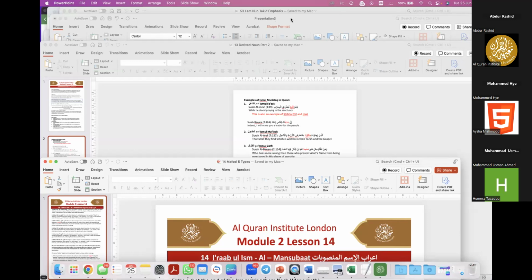Tell us about maf'ul lahu. How shall we identify it within a sentence? And what would that mean or indicate, if you can? Sure. So this is usually lahu, which literally means for him.